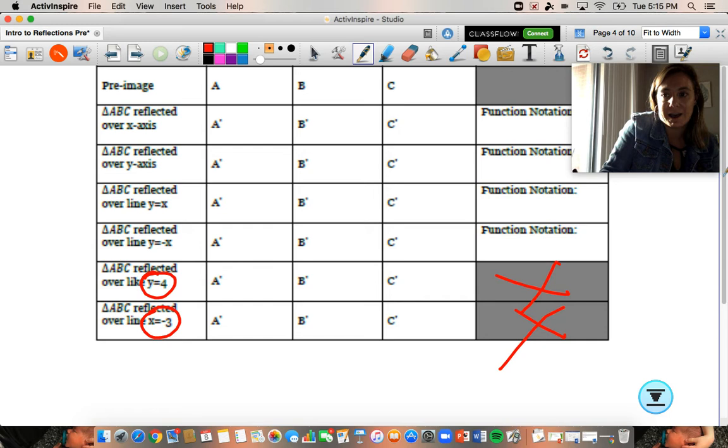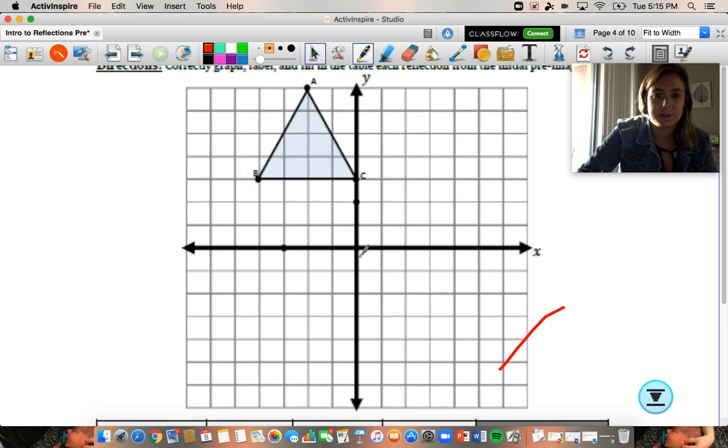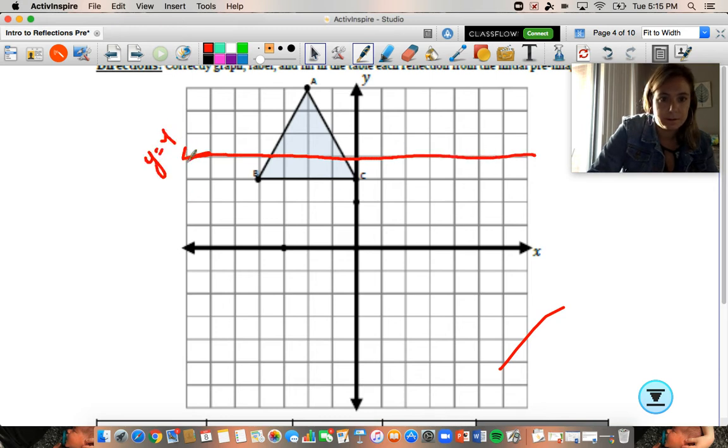So the line y equals 4. Let's find 4 on your y-axis. 1, 2, 3, 4. Here's the line, y equals 4. So again, remember you're counting the distance. If this is B, count it away: 1, 2.